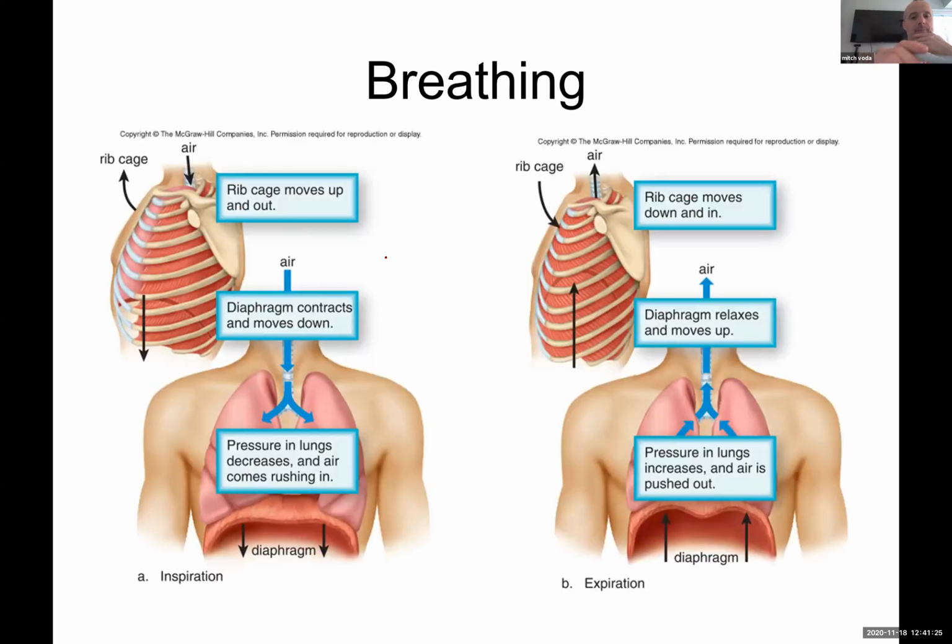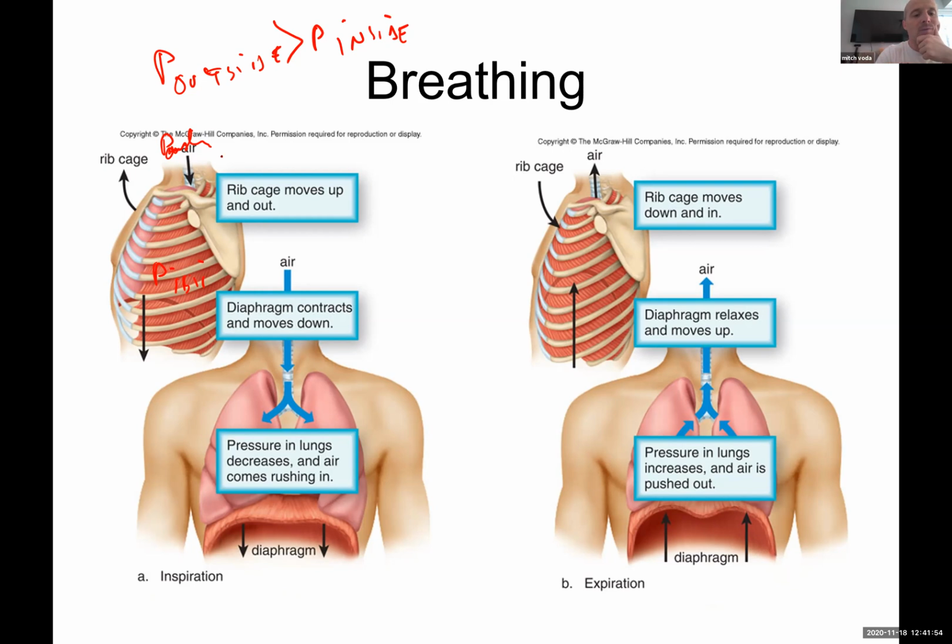So check out right here. When you breathe in, the pressure outside is higher than the pressure inside. So for breathing in, or inspiration, P outside is higher than P inside. How is that possible?